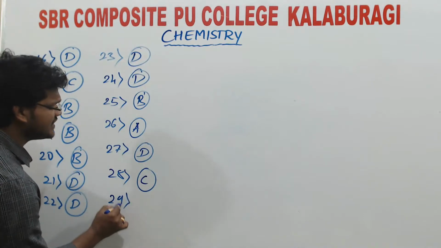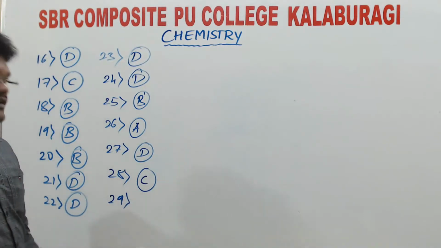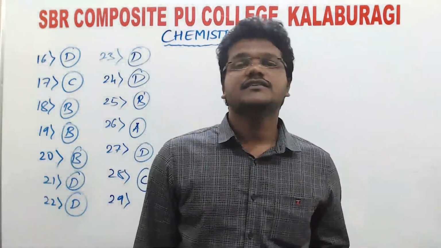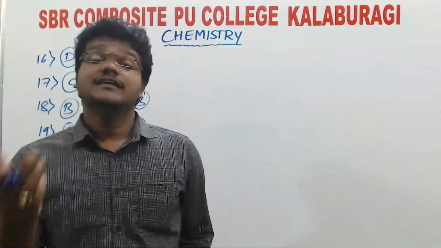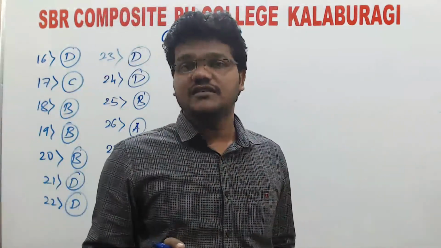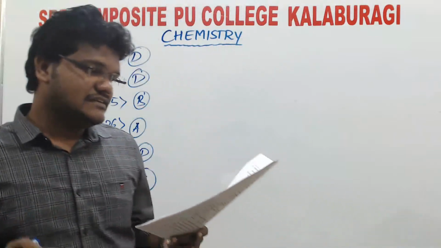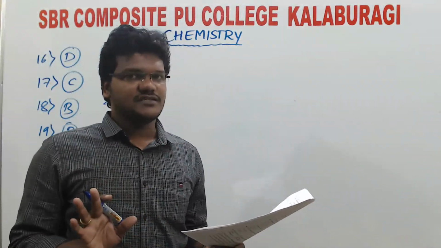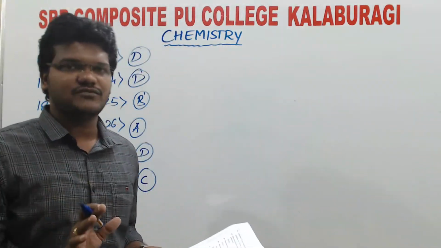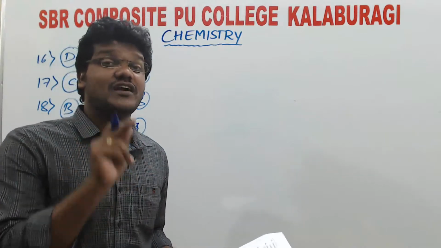What they are asking in 29? In 29, the electrophile involved in the sulfonation of benzene. Benzene will generally undergo electrophilic substitution reaction. That is nothing but an example, sulfonation. Which acts as electrophile during sulfonation? SO3 dissolved in H2SO4.